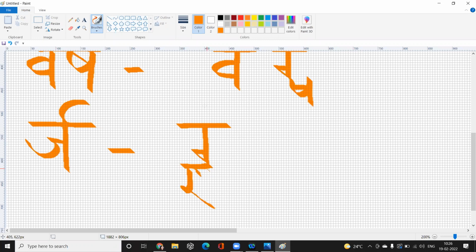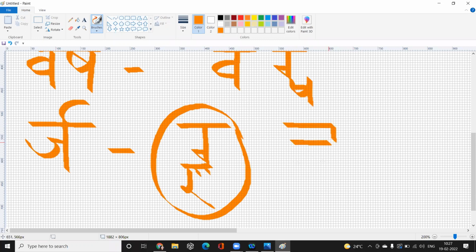You will not find R, J and Matra R written together like this anywhere in any of the manuscripts. But it is written like this. And this is followed by all category B letters. All would be written like this. I'll give you one more example from category B itself.